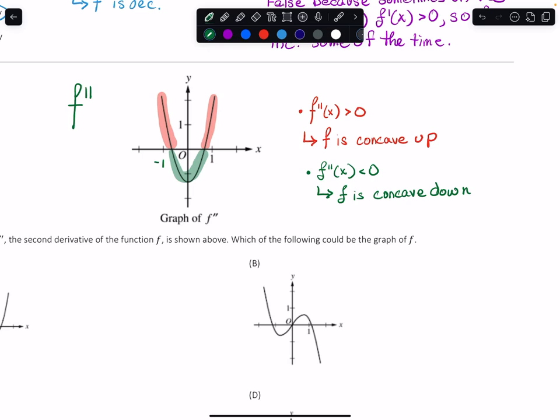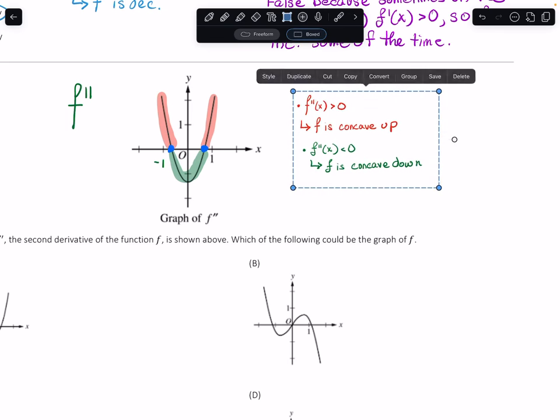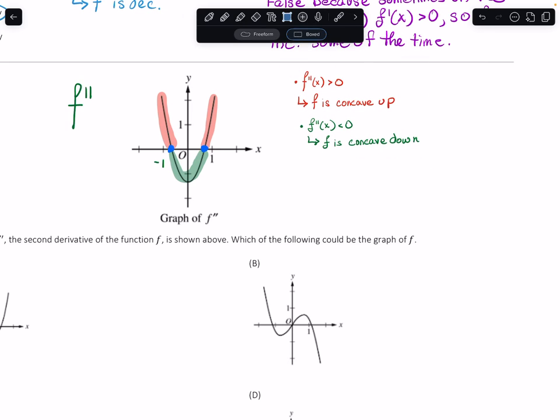Okay, and then at these 2 points on the x-axis, because the graph is going from being above to below the x-axis or from below to above the x-axis, it must be that the second derivative at those x-intercepts is changing sign.